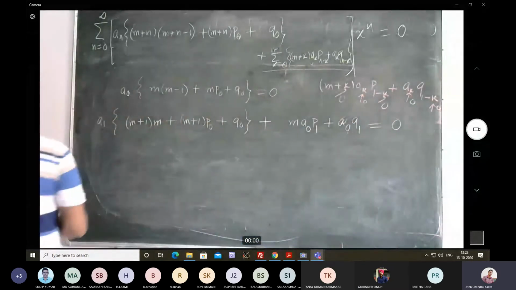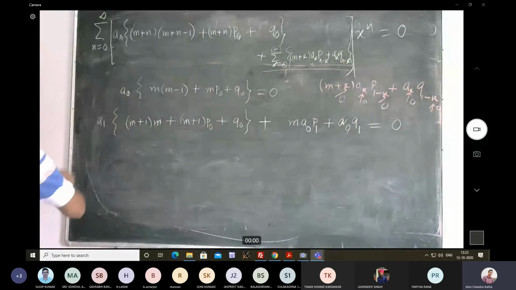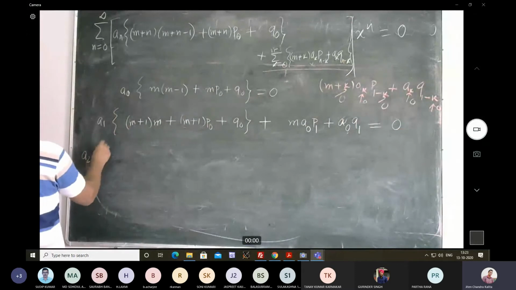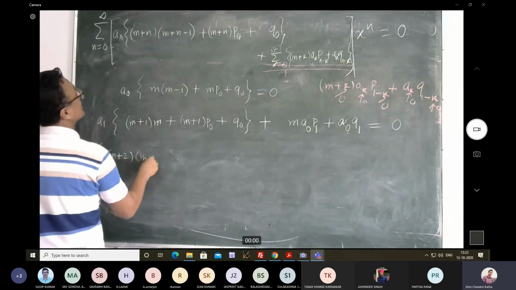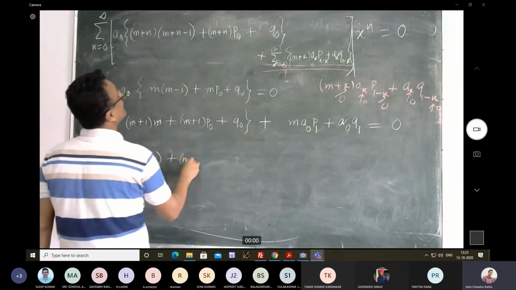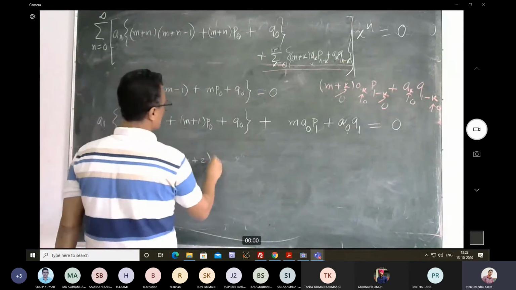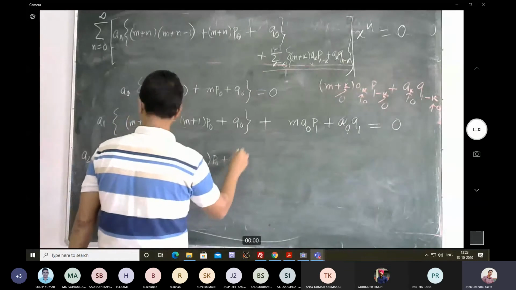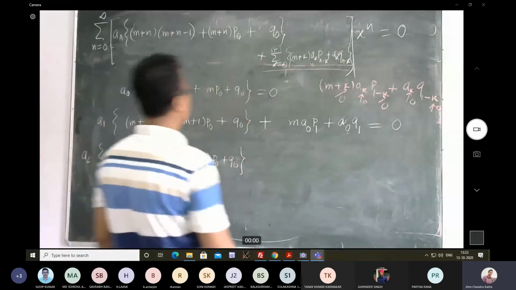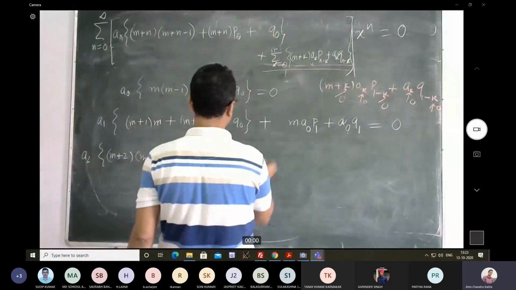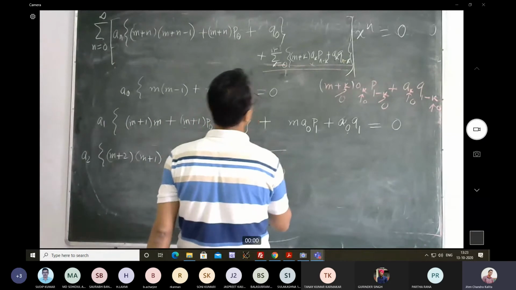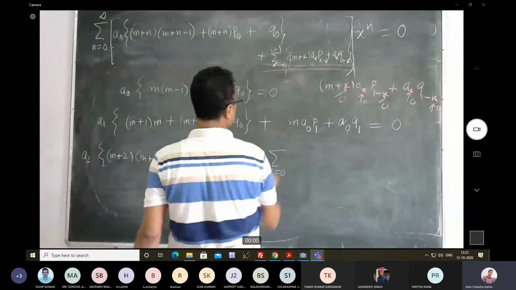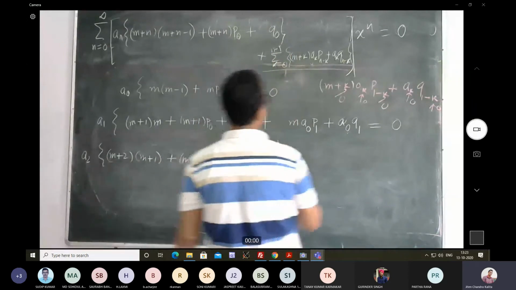I'll do one more. Say when n equal to 2, what happens? Say a2, then m plus 2, m plus 1, m plus 2 p naught plus q naught. So now let us work it out. Let me firstly write down k equal to 0 to n minus 1, so this is going to be 0 to 1.